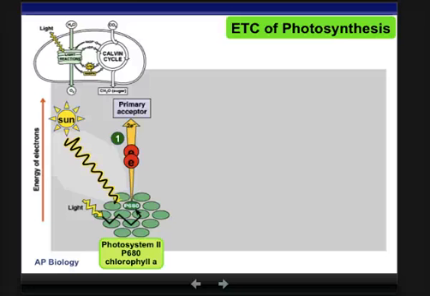And when we do that, that reaction is going to split water into two hydrogen ions and an oxygen ion, which combines with another oxygen ion to form oxygen gas, O2. And the O2 is released to the atmosphere.